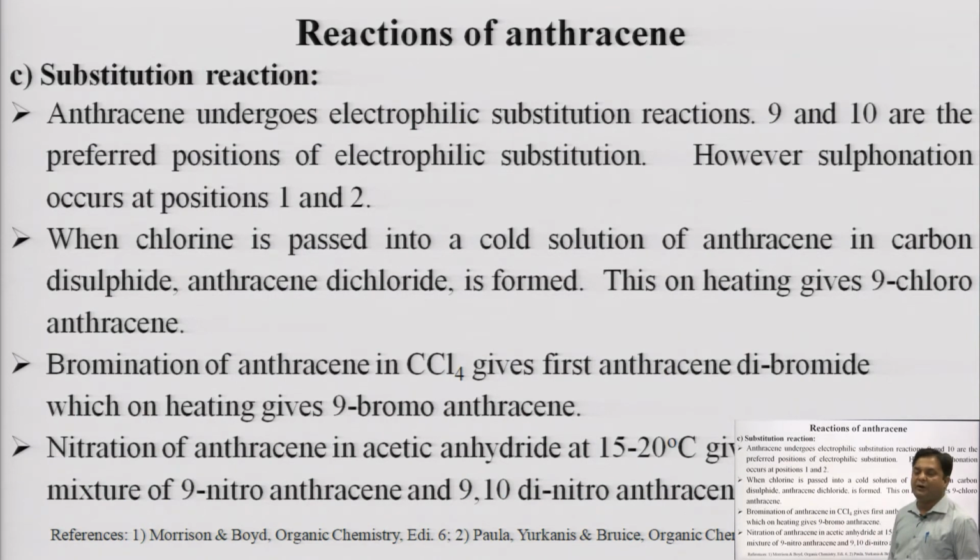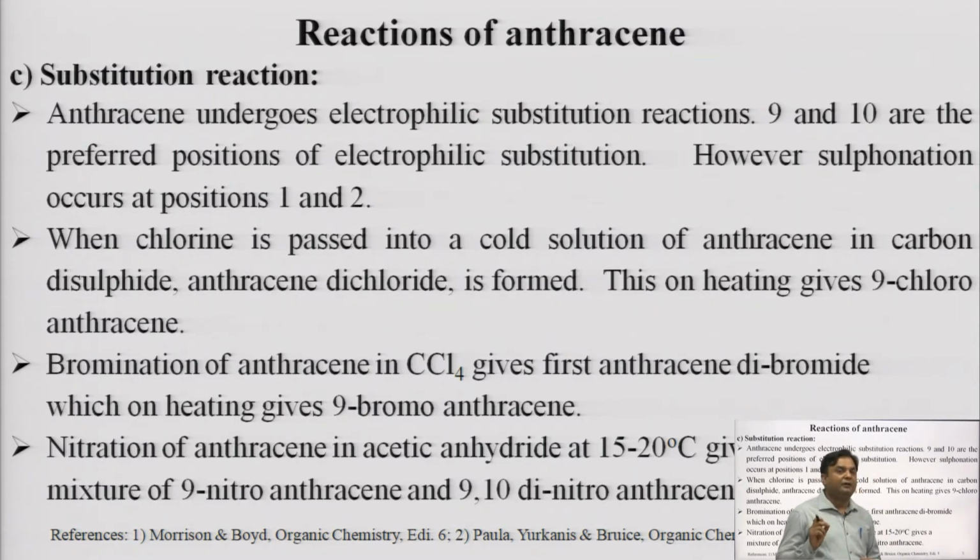Then the most important reactions given by anthracene are the substitution reactions. As I have told you earlier, the electron cloud is present above and below the plane of the anthracene because of the unhybridized p orbital, which has single electrons.